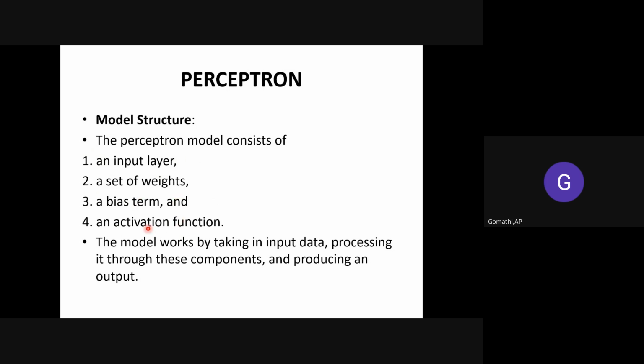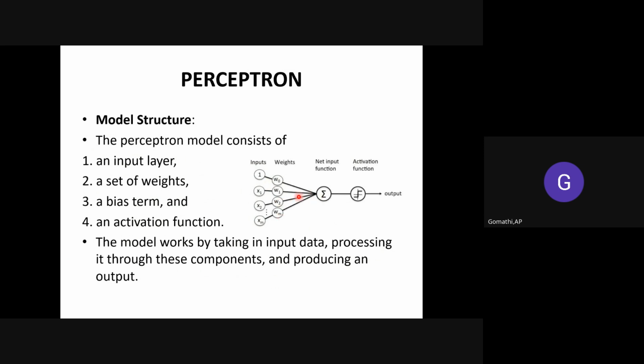This model works by taking input data and processing this data through the input layer and other components, and finally it will produce an output. These are the methodology used in the perceptron. You can consider this example. This is the input layer. We take the inputs as x1, x2 up to xm, and the weights will be W0, W1, W2.